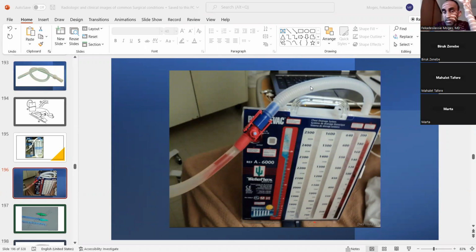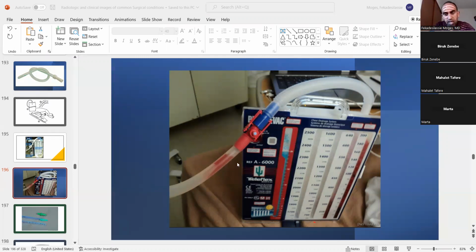You don't want air to go there. That means iatrogenic pneumothorax, right? So you are preventing iatrogenic pneumothorax. So this tube here has to be underwater, to a certain extent, 2 centimeters, 3 centimeters. It has to be immersed underwater so that you prevent air gaining access from the atmosphere into the pleural cavity and resulting in iatrogenic pneumothorax.